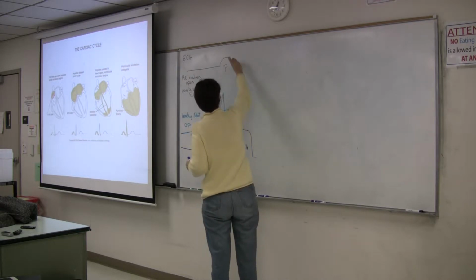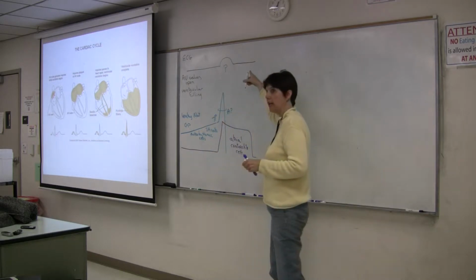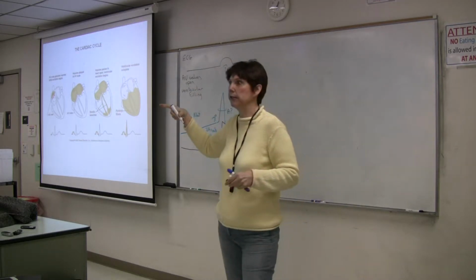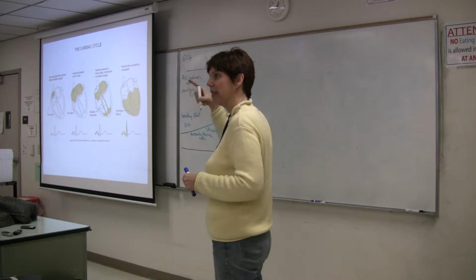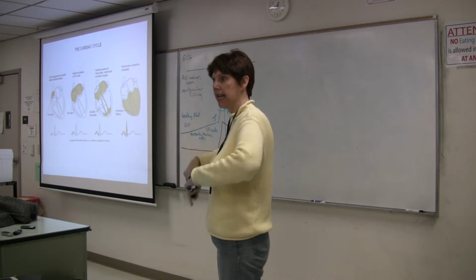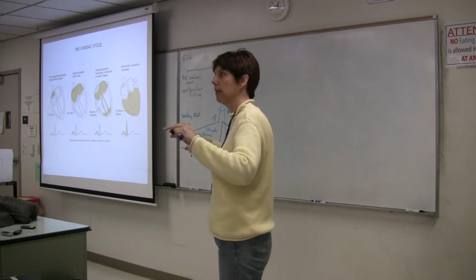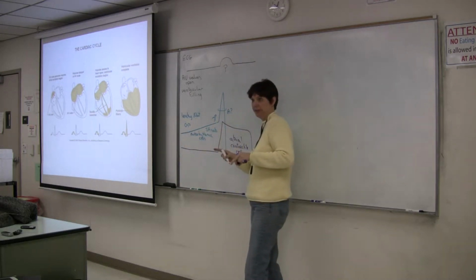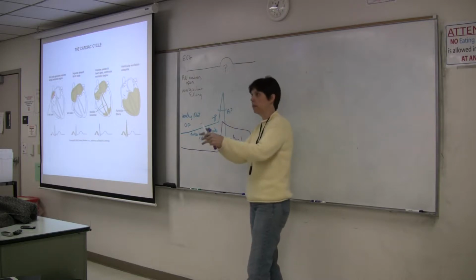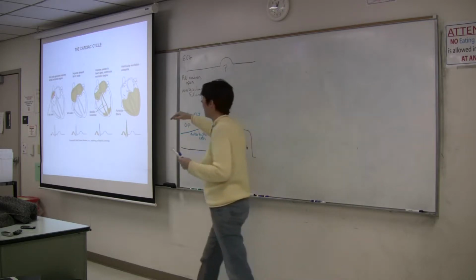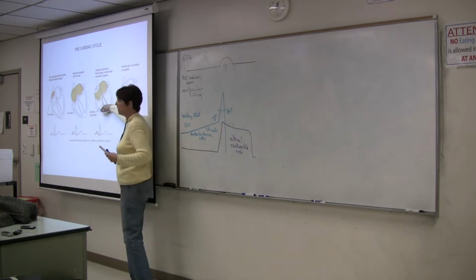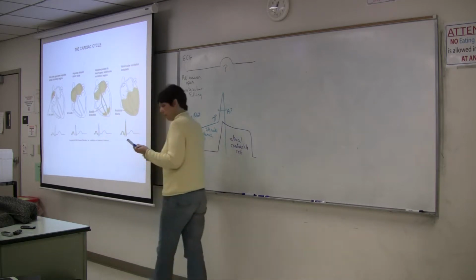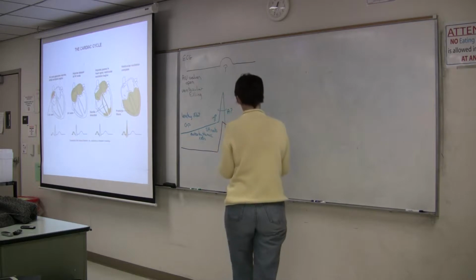All right, so then we have a short period of time in which the current is traveling through the autorhythmic cells forming the AV bundle and the bundle branches and the conduction or Purkinje myofibers. All right, and then it reaches the ventricular contractile cells and through gap junctions creates a wave of depolarization through the ventricular contractile cells.